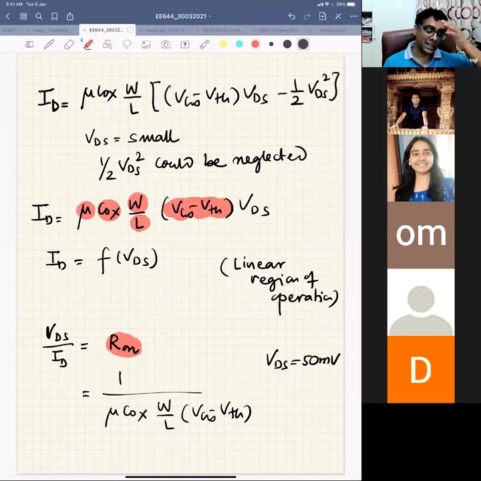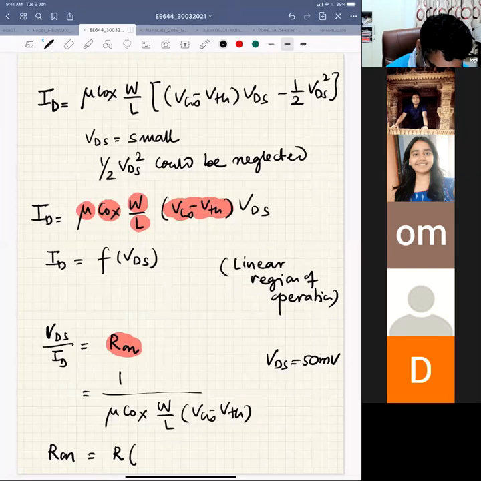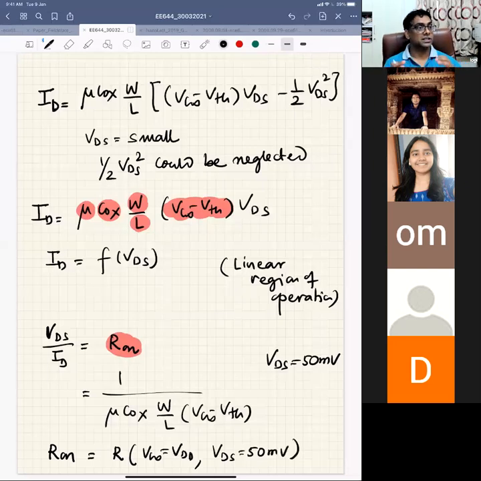I just missed something here. When you're calculating on resistance, your VGS is VDD. So your on resistance is the resistance of the transistor when VGS equals VDD, but your VDS is small, around 50 millivolt, let's say. The resistance of the transistor is a function of VGS.